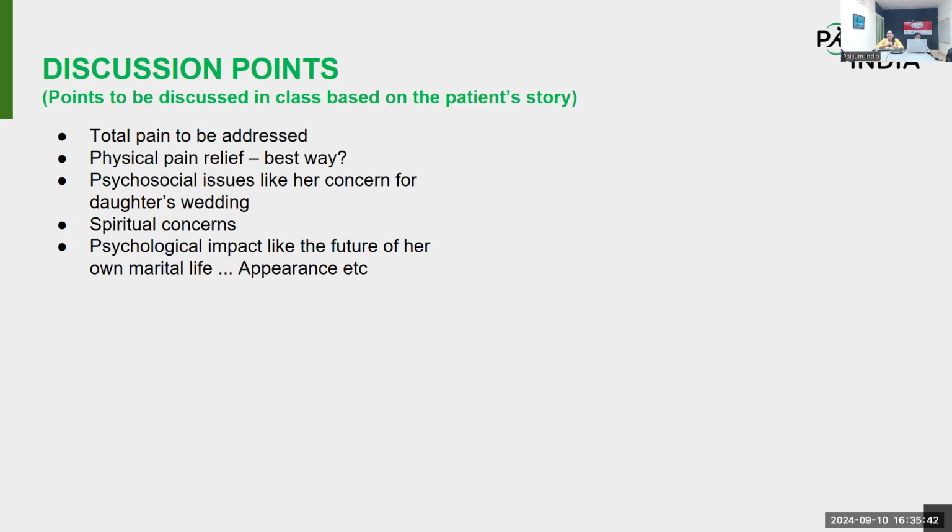Preeti, you want to ask something? Yes, ma'am. We have another patient with acute necrotizing pancreatitis. For 2 weeks, he is having moderate, continuous pain, and he is also having abdominal fullness. Please tell us how to manage this patient, with which analgesics or adjuvant analgesics, or can we keep him on morphine? Can you write this patient's story and send it to us, Preeti?